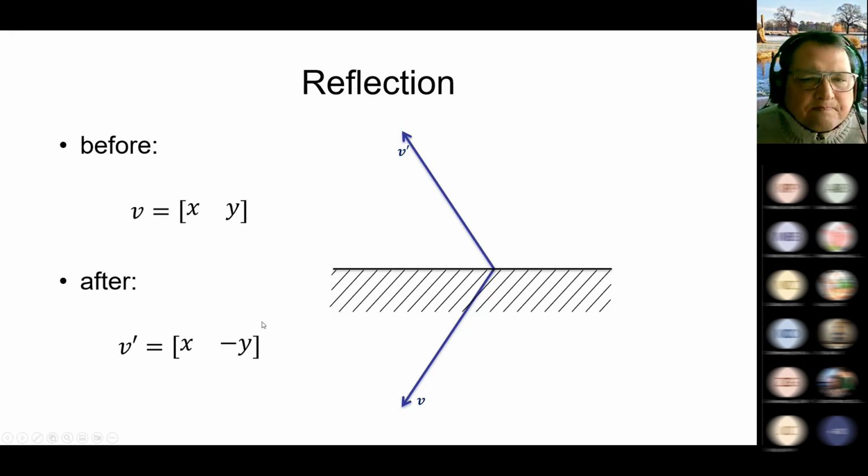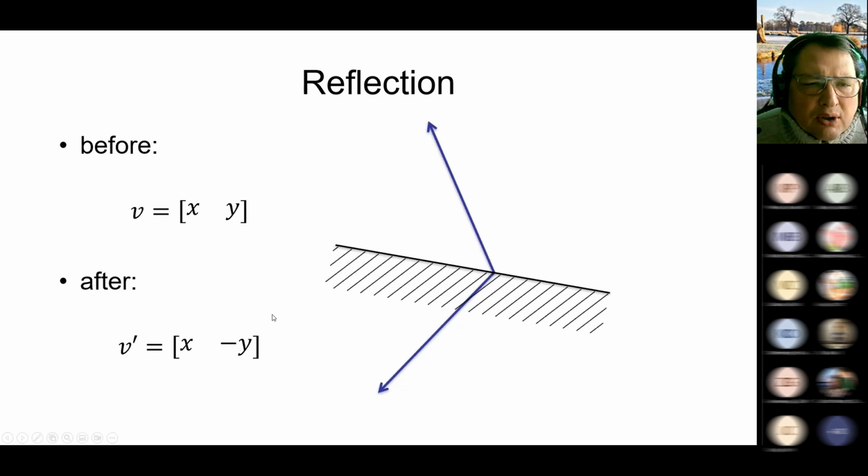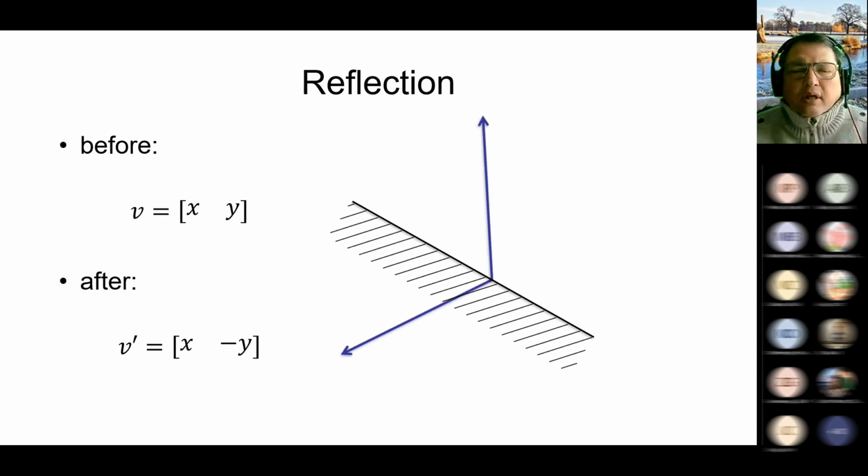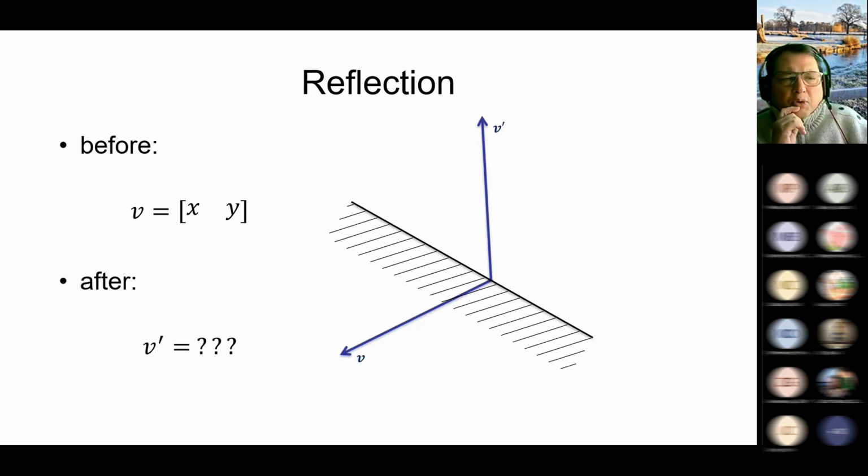All right, but in gaming, floors and walls are quite popular things, but quite often we will have a situation like this, a diagonal object, a diagonal wall, whatever. So we would really want to find a generic formula for movement of an object after reflecting from a surface, if we know the surface, and the surface doesn't have to be horizontal or vertical.